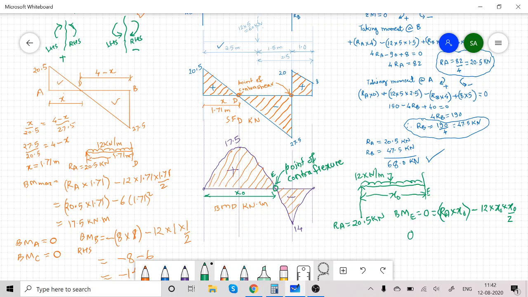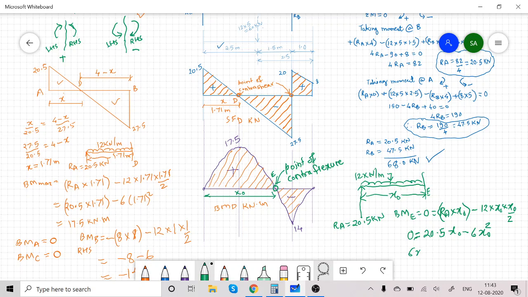So 0 is equal to Ra, which is 20.5, into x0 minus 6x0 square, since 12 by 2 is 6, x0 into x0, x0 square.